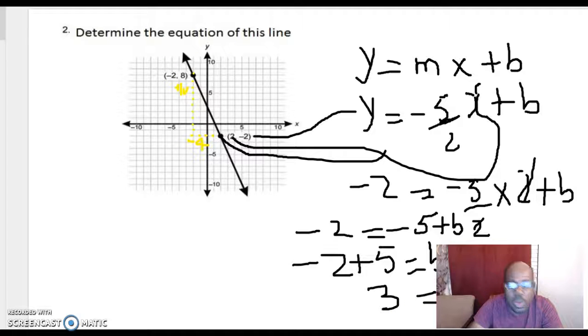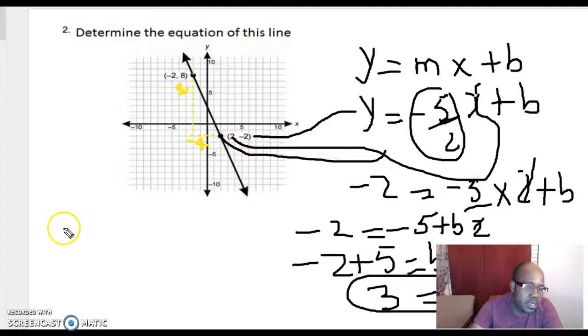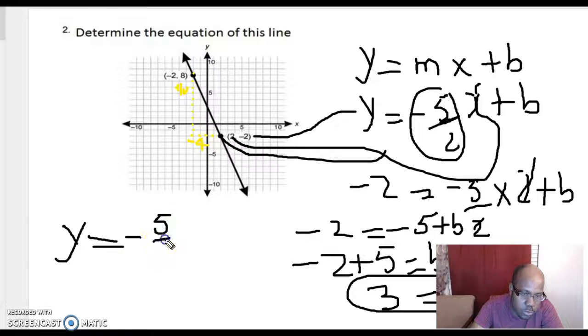B is 3. So I got b, and I got m. Finally I can easily say the equation of this line: m, which is minus 5 over 2, plus b, and b equals 3, plus 3.